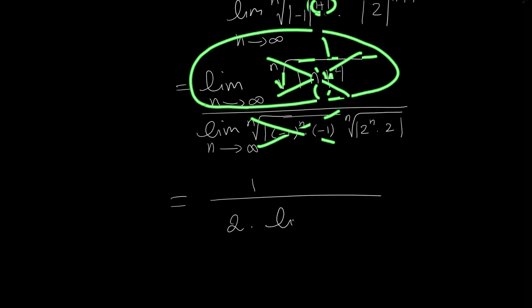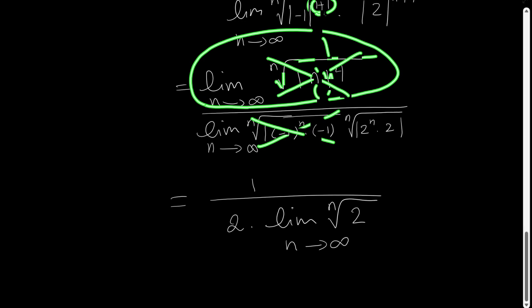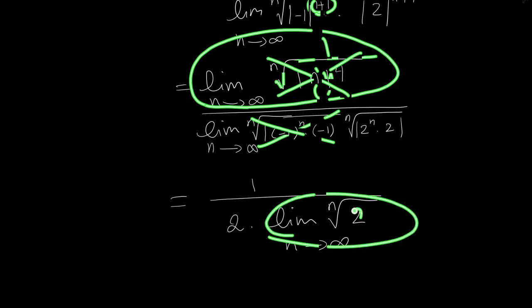Let me write it as limit of root n of 2 when n approaches infinity. And again, by using the rules for the limit of sequences, limit of root n of a, when a is a positive constant, is equal to 1.